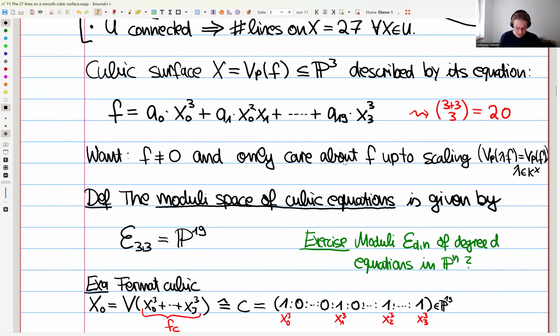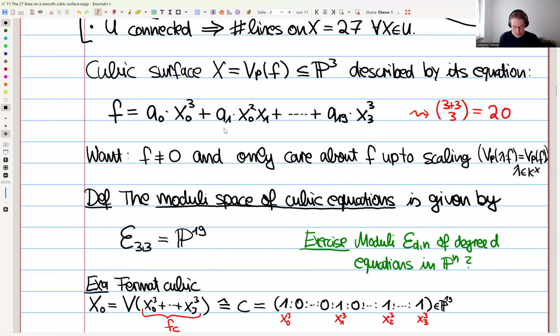And to see a concrete example, the Fermat cubic that we had above was described by these third powers of the coordinates themselves. This is a certain element FC in this space of cubic equations, and this corresponds to the coefficient vector C, which just has entries 1 at all the positions corresponding to these monomials.